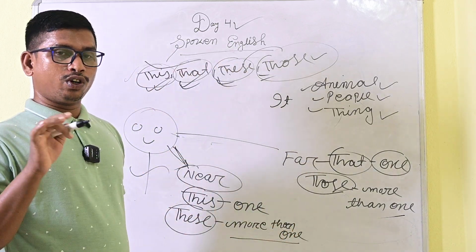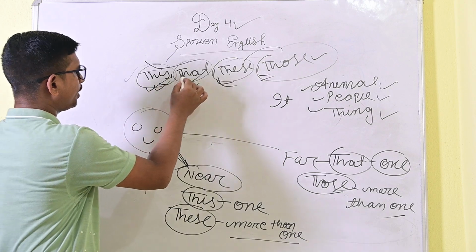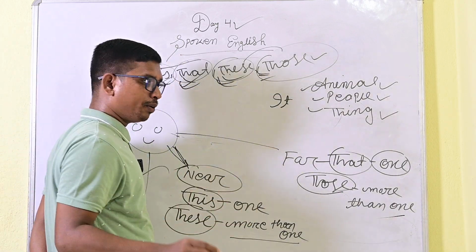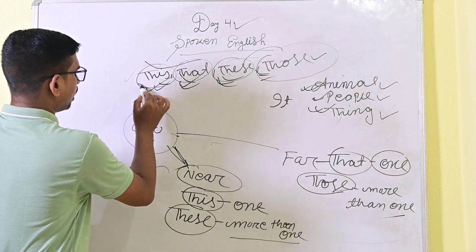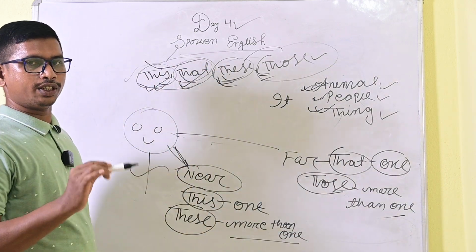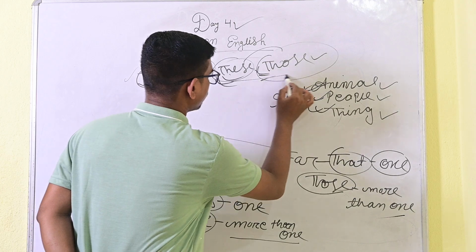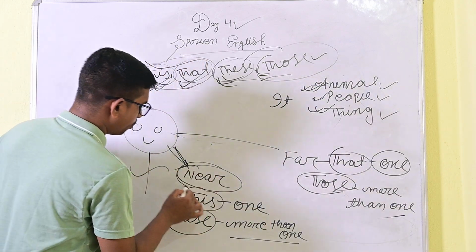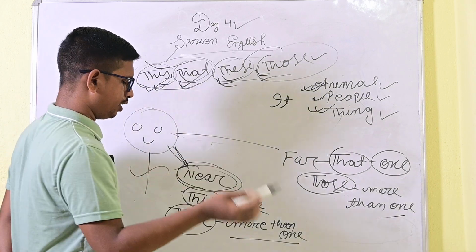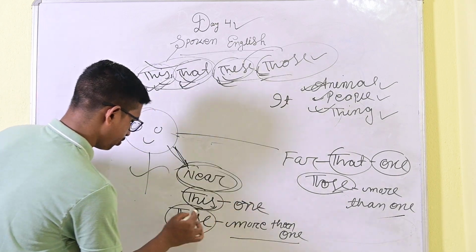One more thing I'm saying: this, that, these, those can be used with animal, people or thing. This and that are used with singular. These and those are used with plural. When we talk about near and it is one person, thing or animal, we use this.